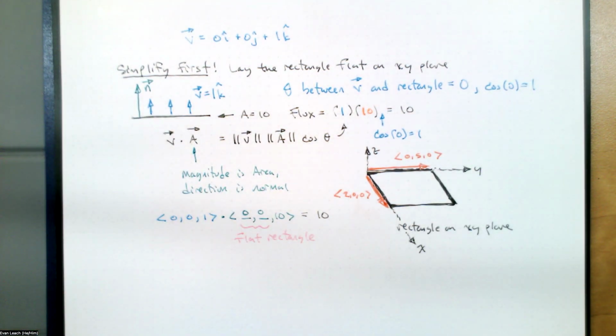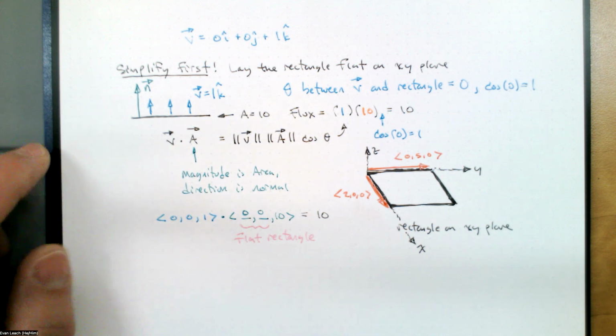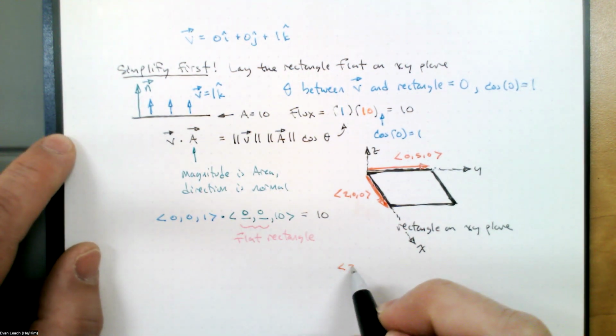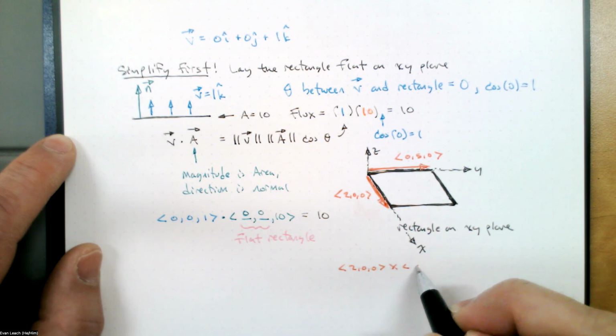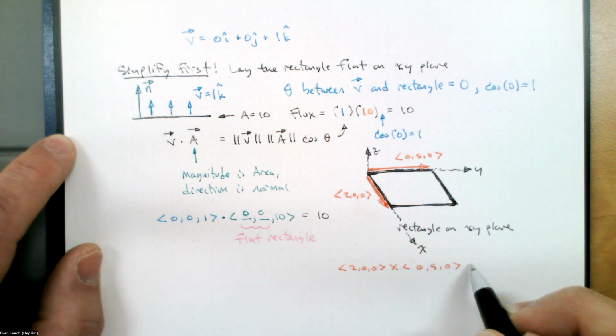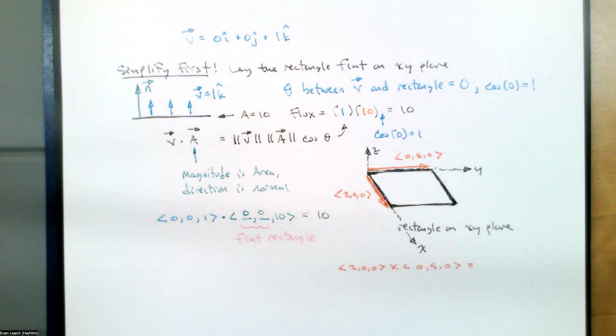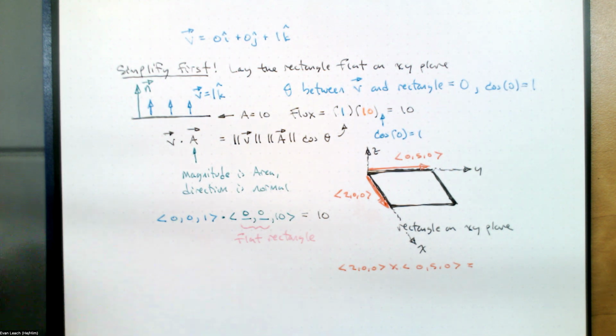If we find the cross product of those vectors, we will have a vector perpendicular to the rectangle and with the area of that rectangle. So if we take 2, 0, 0 and find the cross product with 0, 5, 0, we will get a vector with a magnitude that's the area, and direction that is perpendicular according to the right-hand rule.